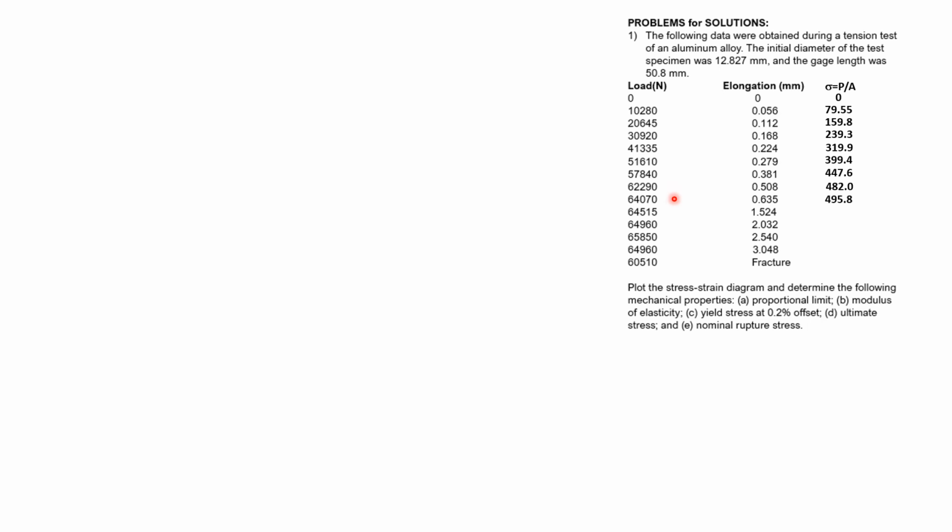Then 64,070 divided by the same area, 495.8. 64,515 divided by the area, 499.3. 64,960 divided by the same area is 502.7 megapascals. 65,850 divided by pi over 4 times 12.827 squared, 509.6. Then 64,960 divided by the area gives 502.7 megapascals, and the rupture strength is 60,510 divided by the original area, so 468.3 megapascals.